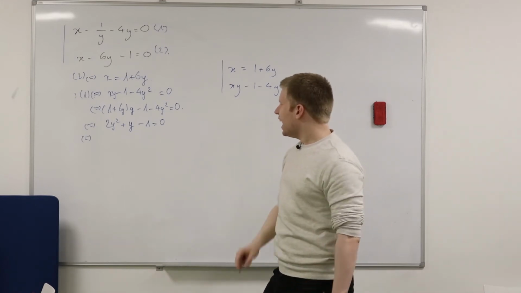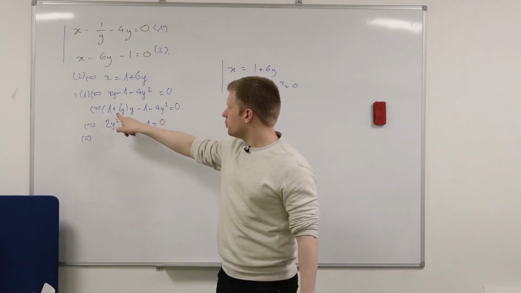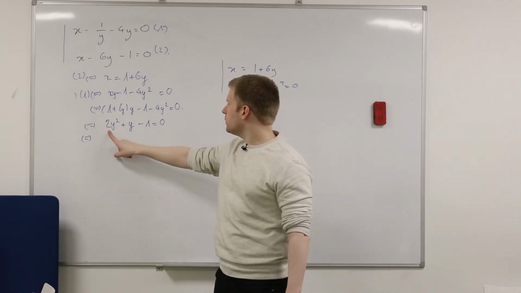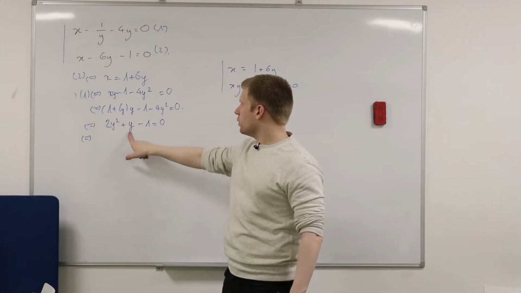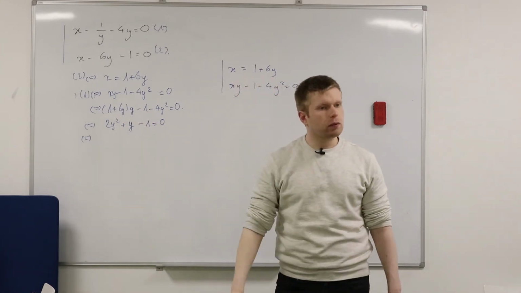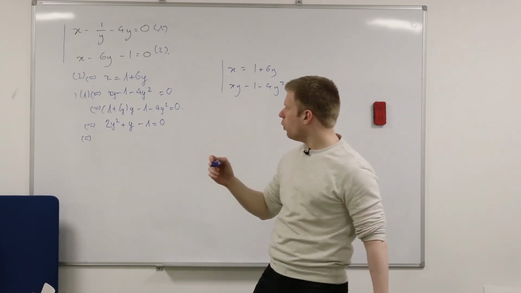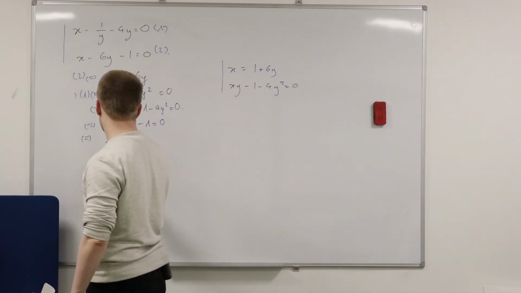Good, okay. And then you just expand this out, so you get 6y squared minus 4y squared, which is how you get your 2y squared. You get 1 times y, which is how you get your y, and you still have a takeaway 1 on that side as well. Okay. And then you just solve that as you did before. So hopefully you got, let's set it up.